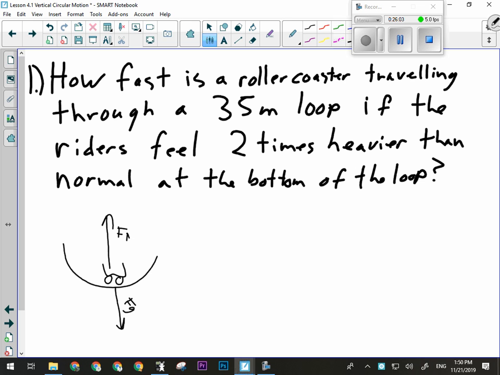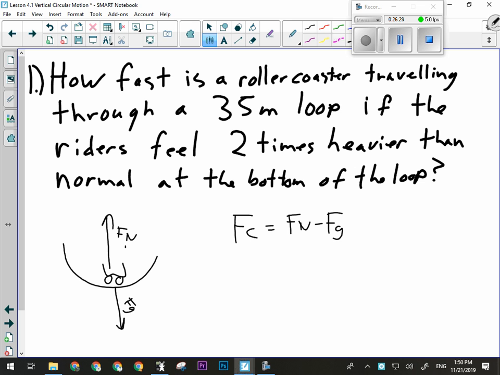Now, it says that these people feel a force that is 2 times heavier than normal. Which force do you feel? Fn. That's your apparent weight. They feel 2 times heavier than normal. So that means that we have Fc equals Fn minus Fg.